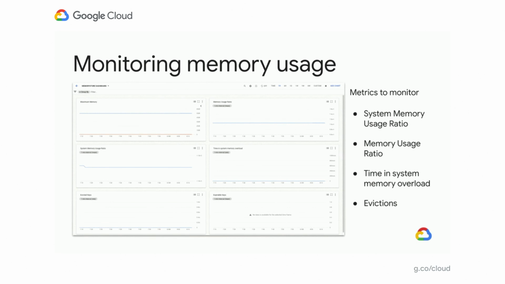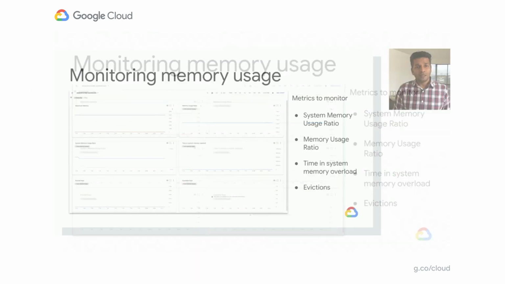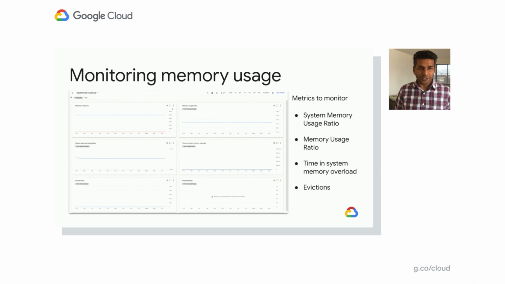There are 4 key metrics from our perspective that you should be monitoring if you're using Memorystore when it comes to memory usage. The first one is the system memory usage ratio. The system memory usage ratio tells you how much system memory is getting used in your instance. System memory also includes memory that is consumed by memory fragmentation.